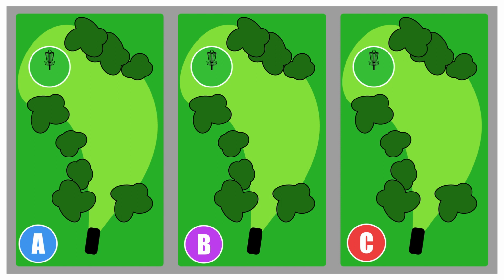However, let's suppose each of them is off their line by the identical number of degrees. In other words, all three of them committed the same physical, technical execution error. Player A still flies down the wide fairway and it fades to the target. Player B had to play a wider shot because the disc isn't going to fade.